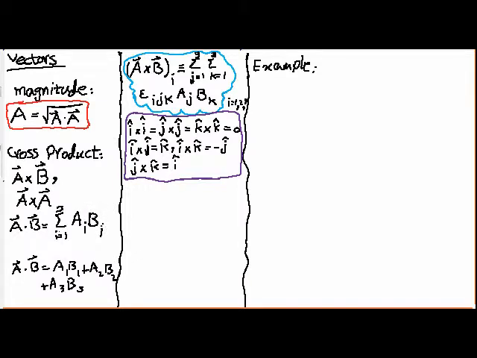Remember, this is the same as here: first it's 1, A1 B1, plus then i becomes 2, A2 B2, and then A3 B3. This is the equation you need to remember.